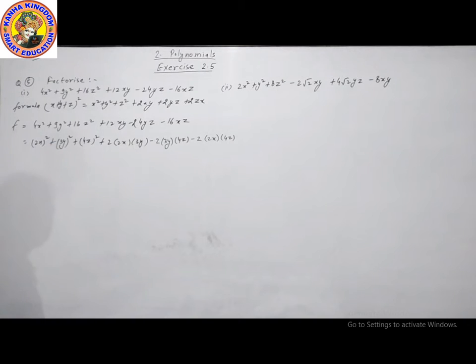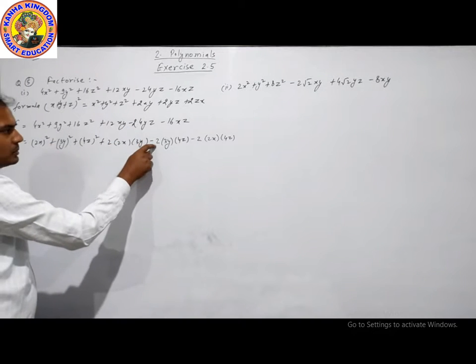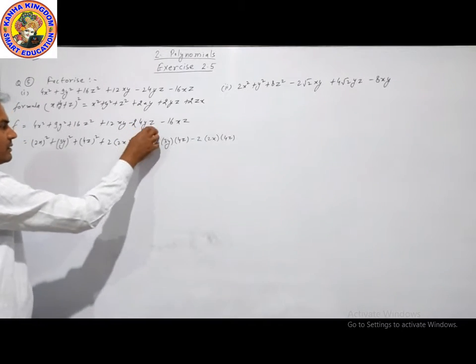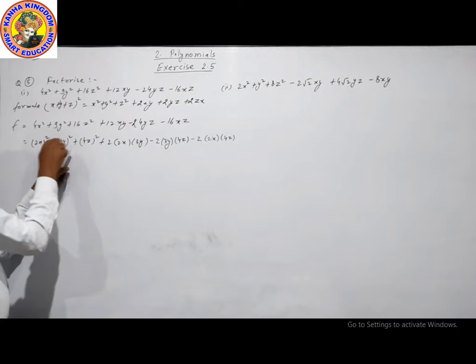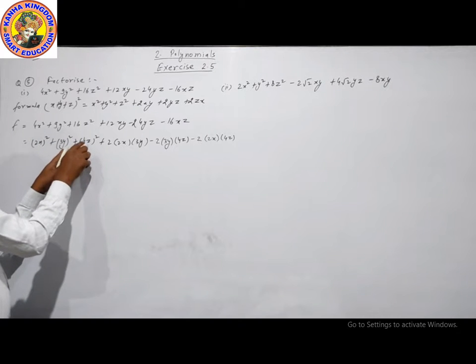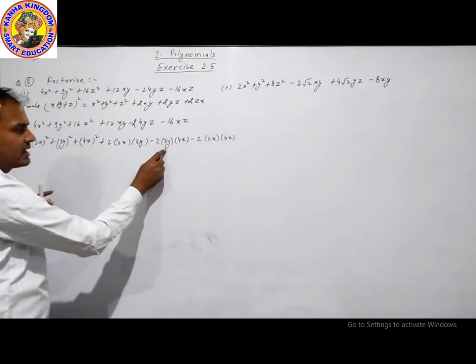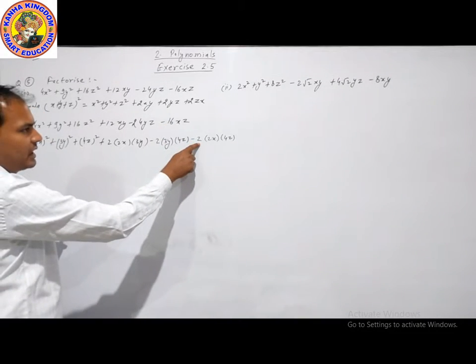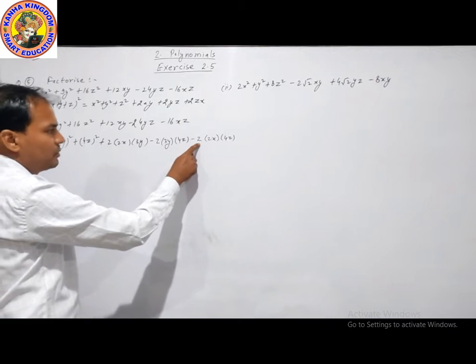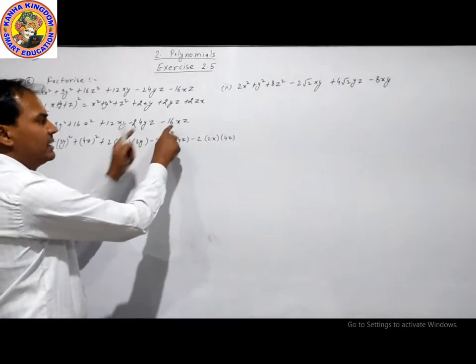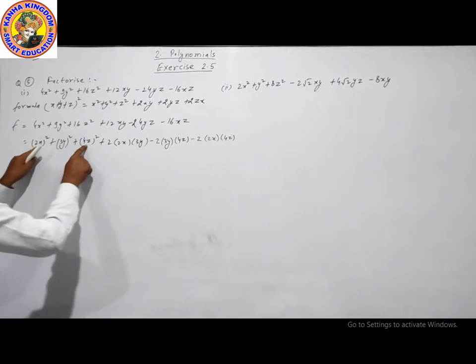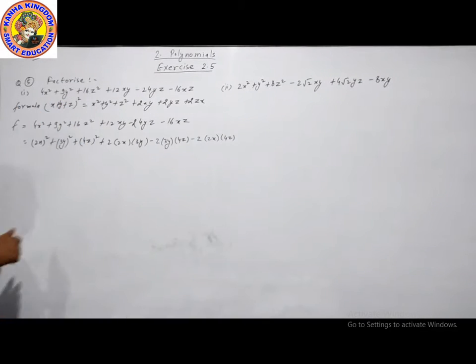Then 12yz, here 3 into 4 is 12, so the factors are 3y and 4z. Now taking 2 common, the remaining part is 8xz, and 2 into 4 is 8, so the factors are 2x and 4z.